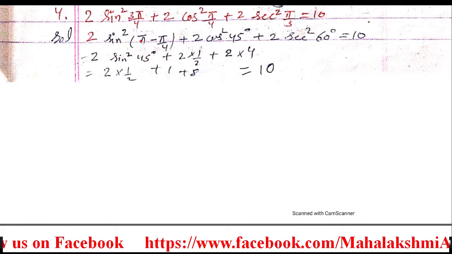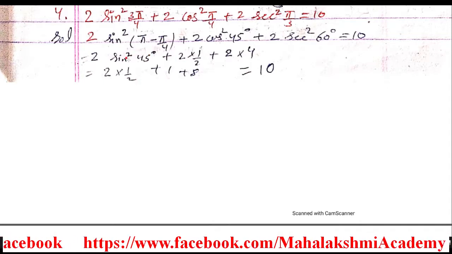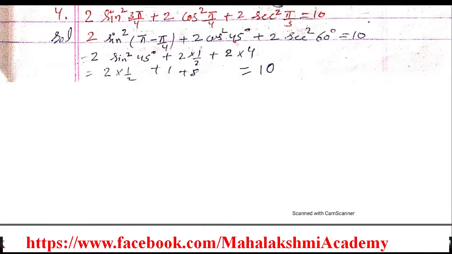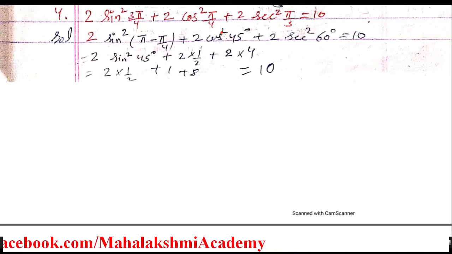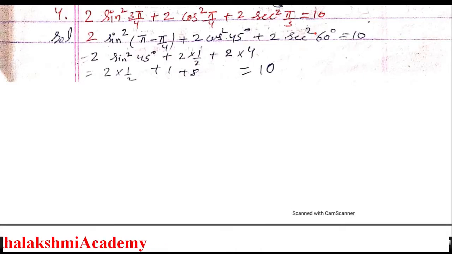So sin square pi minus pi upon 4 means sin square 45. Now cos 45 is 1 upon root 2. When you do the square, 1 upon root 2 square is 1 upon 2. And sec square 60, and sec 60 means 2, and 2 square you will get 4.